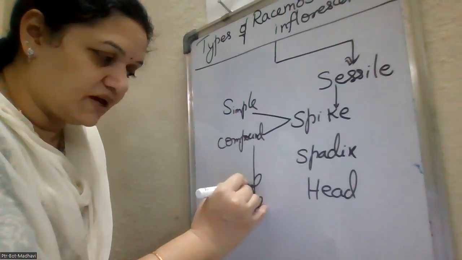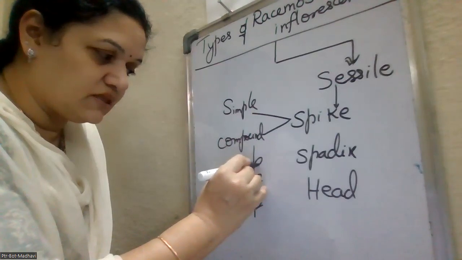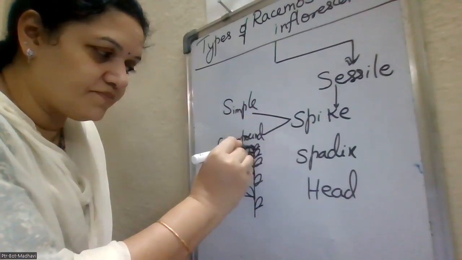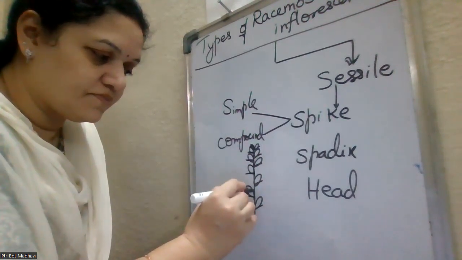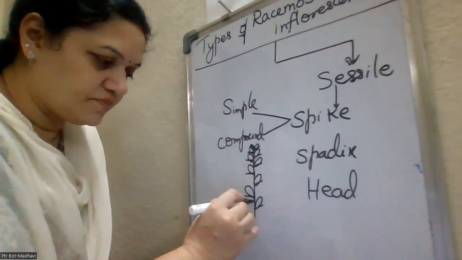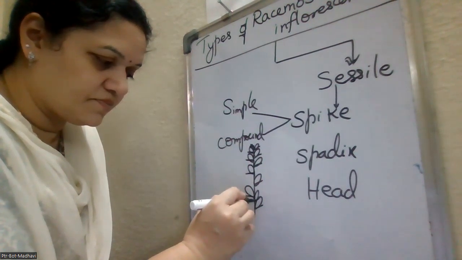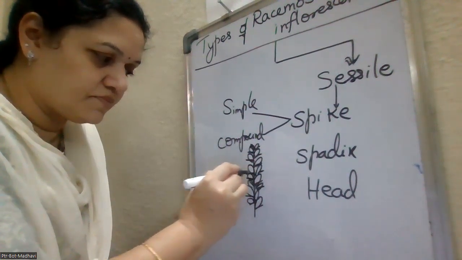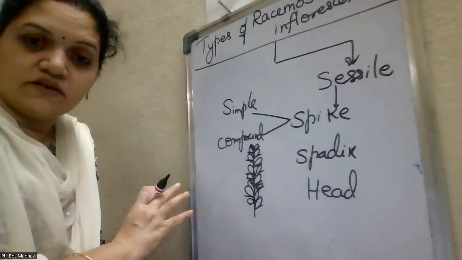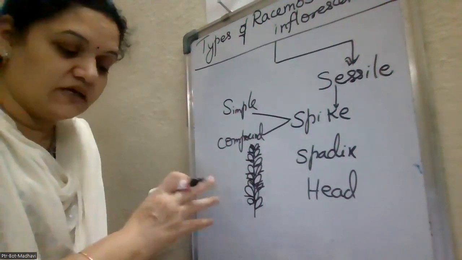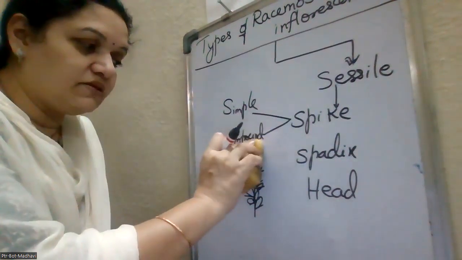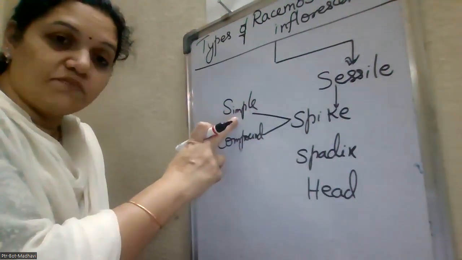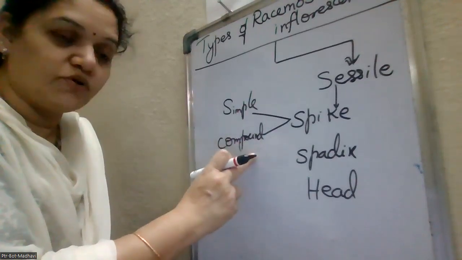Flowers are sessile, bracteated, and arranged in the acropetal succession. Like this. This is the spike, simple spike. Now, compound spike. When the inflorescence axis is branched, each branch is having the same simple spike-like structure. That is a compound spike.